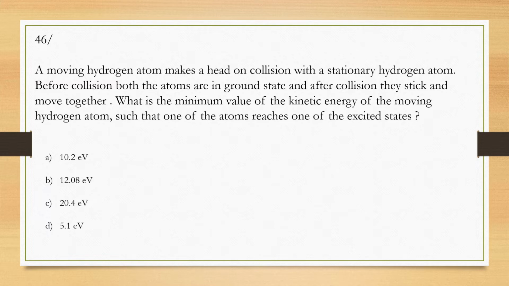What is the minimum value of the kinetic energy of the moving hydrogen atom such that one of the atoms reaches one of the excited states? The options are 10.2 electron volt, 12.08 electron volt, 20.4 electron volt and 5.1 electron volt.